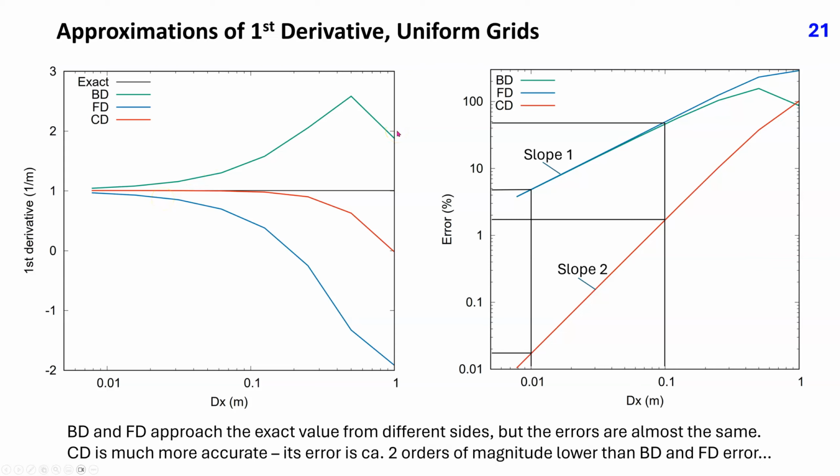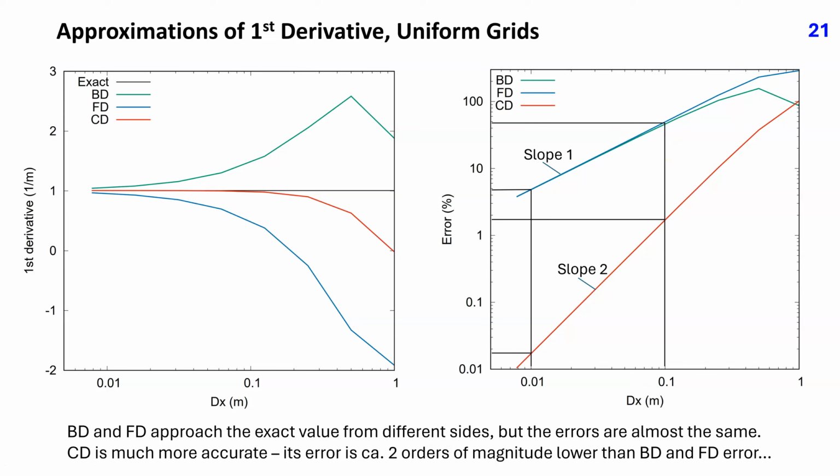While the curve representing the central difference approximation cannot be distinguished from the line representing the exact value when delta x is smaller than approximately 0.1, there is still a significant difference between forward and backward approximations even for the smallest grid spacing used. The plot on the right shows the variation of the error with grid spacing on a log-log scale.